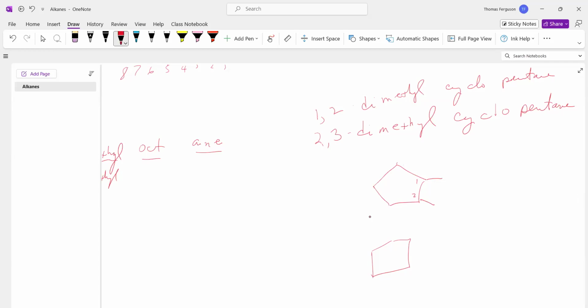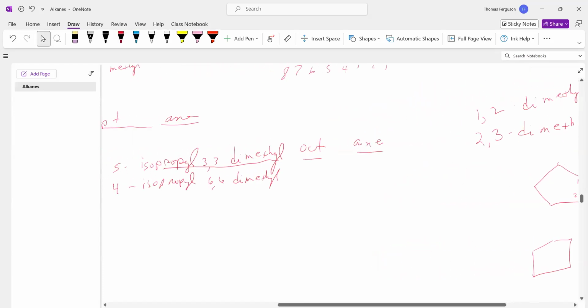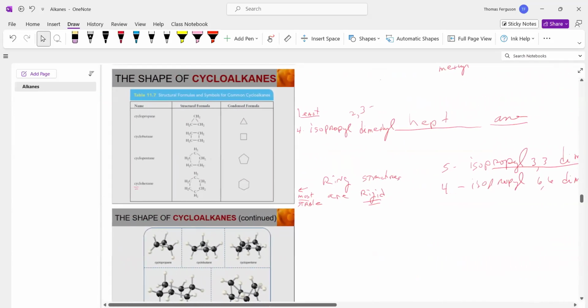So most of the time, students have less trouble going from name to the structure than going from structure to name. Over the years, I've noticed that. So those worksheets I gave you, we practice both.